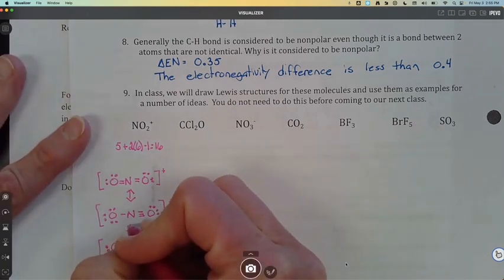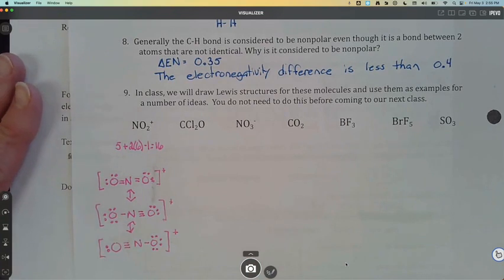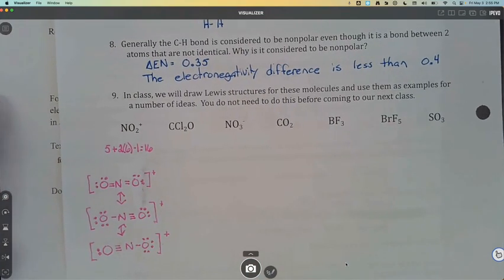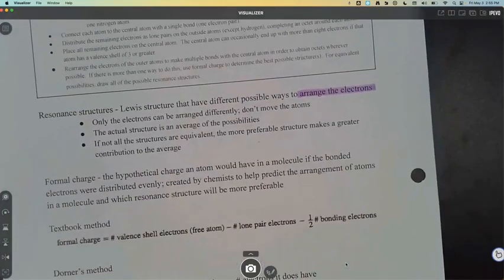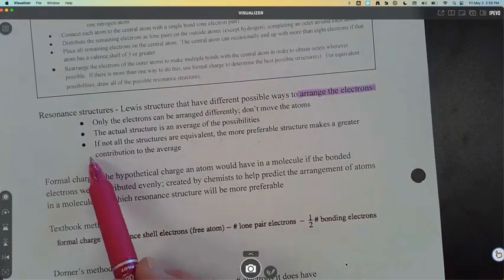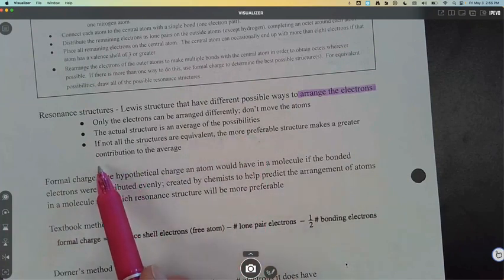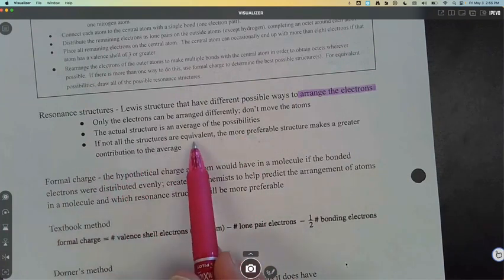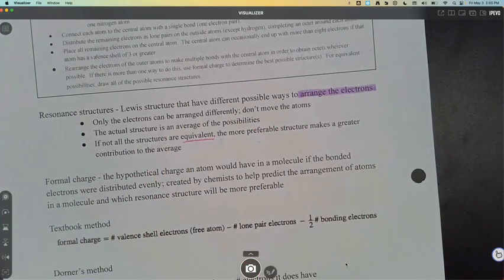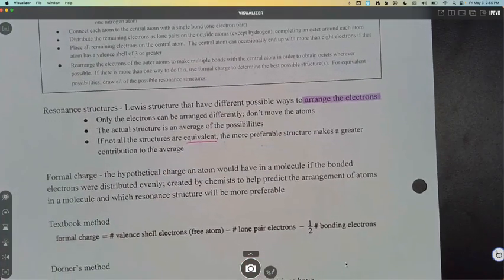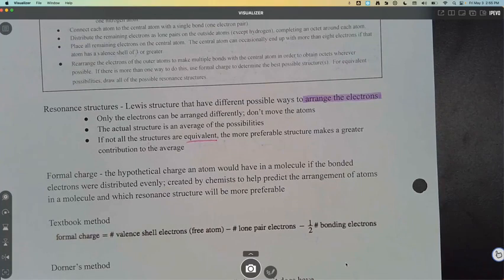I could have done two double bonds, but I could have done this awkward single bond, triple bond combination. In the rules about resonance structures, it says the actual structure is an average of the possibilities. If not all the structures are equivalent, the more preferable structure makes a greater contribution to the average.